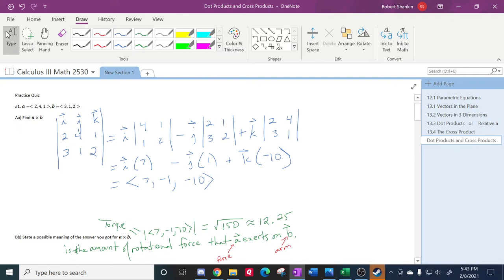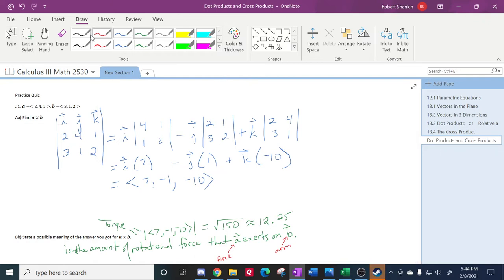Now, how much torque we have is relative, this number, relative to what? Well, the maximum amount of torque that you could have gotten is by putting these two perpendicular. That's when theta is 90 degrees, and that's when you're going to get the maximum torque.